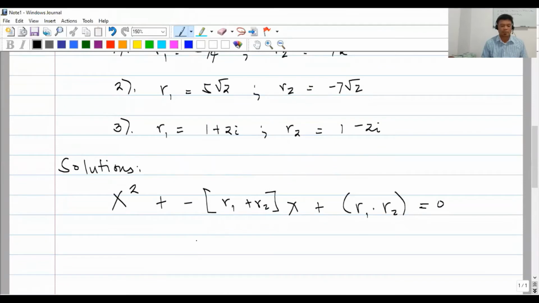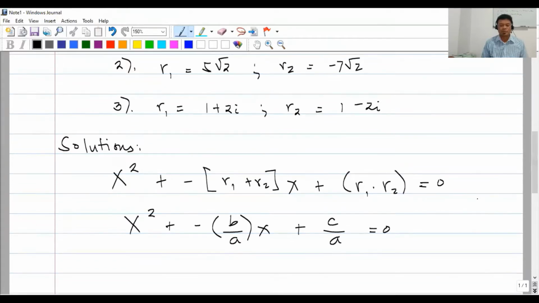Or you also have x squared plus the negative of b over a of x plus c over a equals 0. Okay, so we are going to use either of the two equations, whichever is the most appropriate.